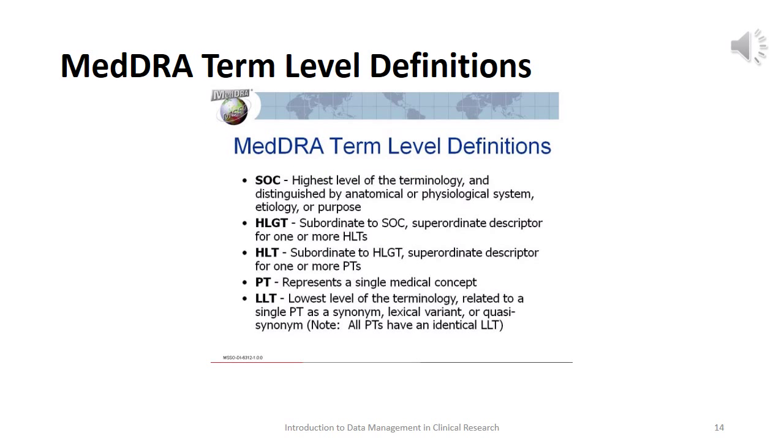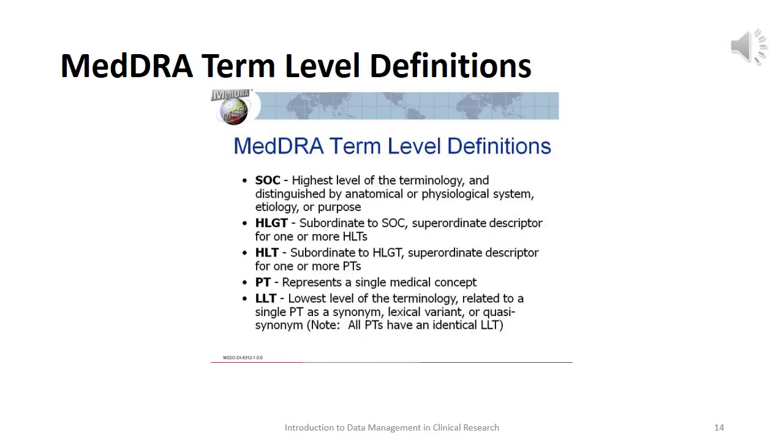So to further explain that hierarchy, let's take a look at each of the terms. So the system organ class is going to be the highest level of terminology, and it's going to distinguish by the anatomical and physiological system, as well as a few other areas of classification. Then as you progress down, you're going to get all the way down to the lowest level of terminology, which could also include some pseudonyms, some similar terms.